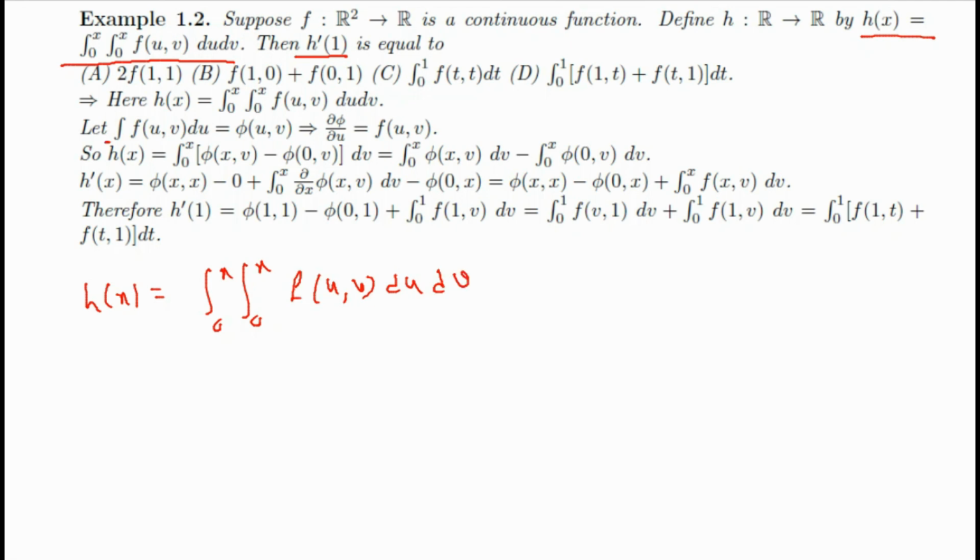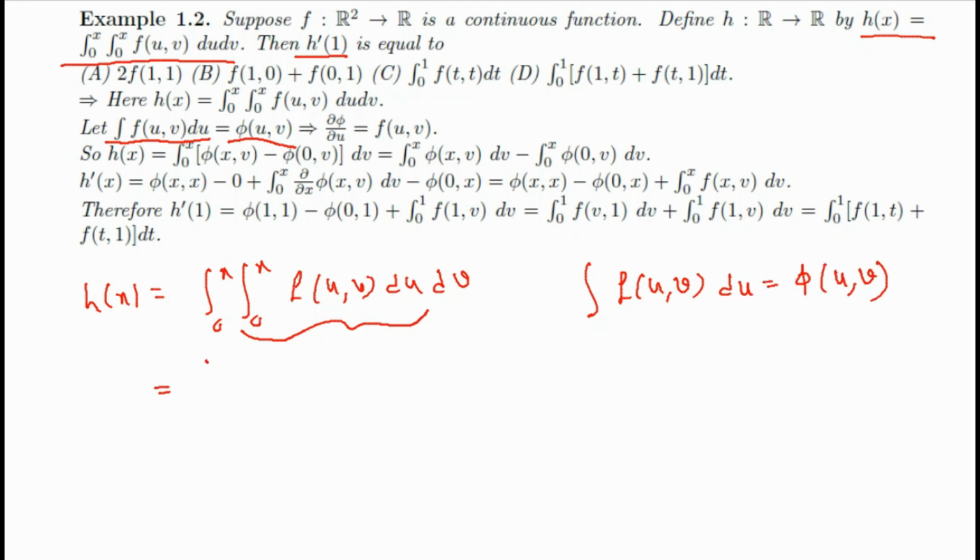Now first, integration of f of uv du equal to some phi function. So this integration we are taking as some phi of uv. That means integration f of uv du equal to phi of uv.